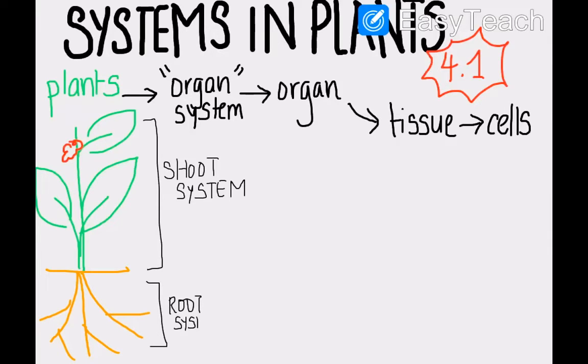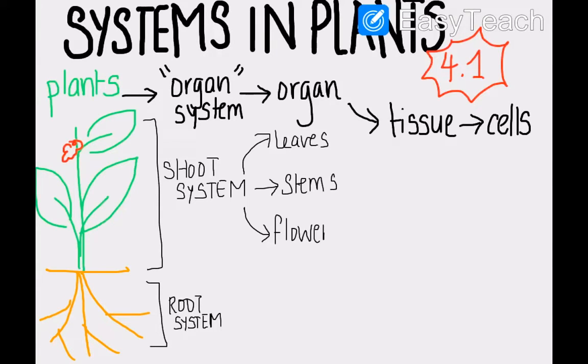You can see why that doesn't necessarily look to you like an organ system, like the digestive system or the circulatory system, but it's a good level of organization for us. And further, the shoot system can be separated into leaves, stems, or flowers. Leaves, stems and flowers are the main components of shoot systems, and they allow the plant to do most of its functions, including the ones that I mentioned earlier.